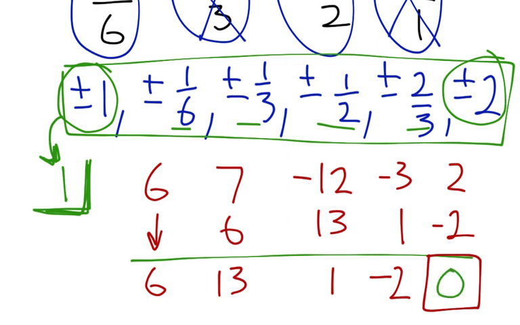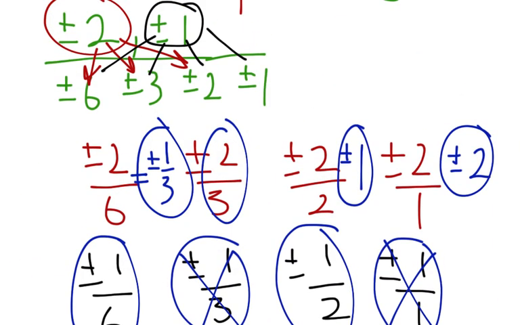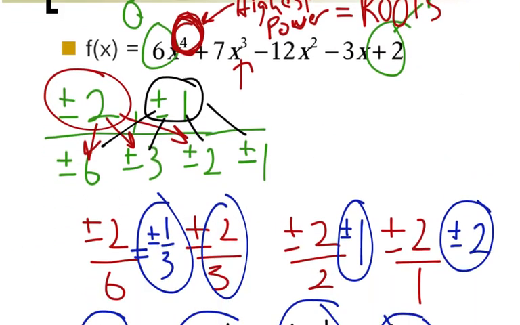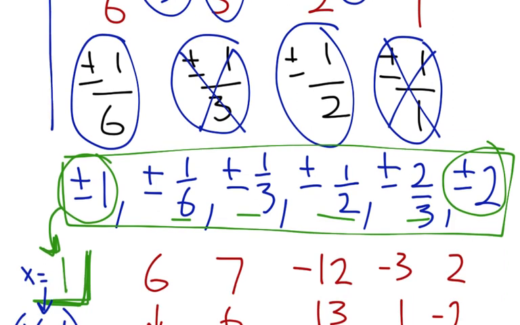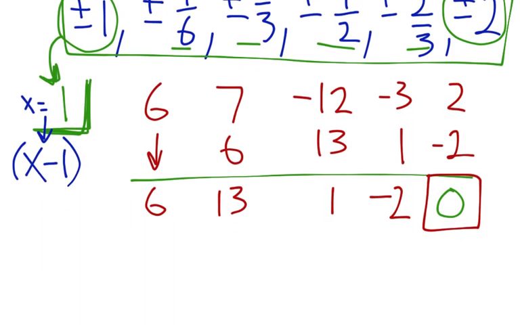And that's exciting, that's great, because what that means is I found a root. So that means I actually kind of found a factor. This is a factor of x minus 1. Remember, this is really x equals 1, so if I rewrote it as a factor, it's x minus 1. So I found a factor of the original problem up top, which means if I now took my x minus 1, I could write it as a factor with what's left over here. These are coefficients of the expression.